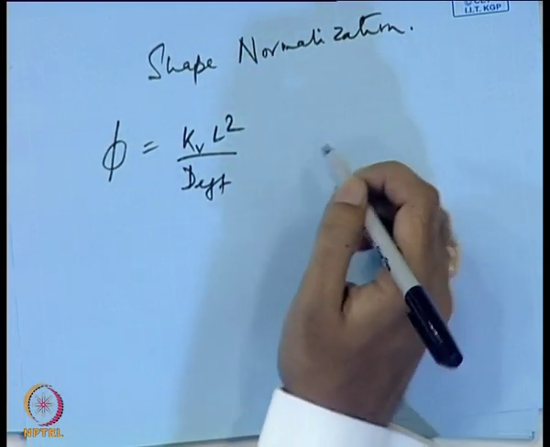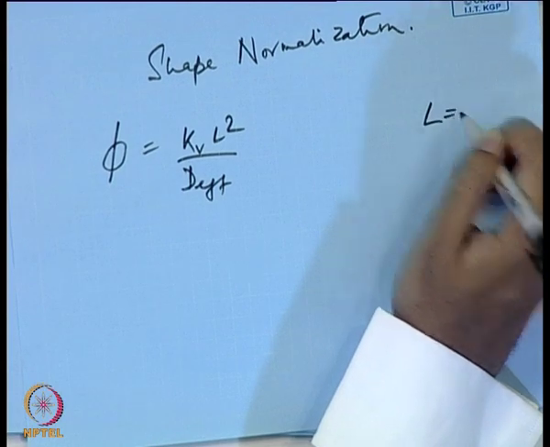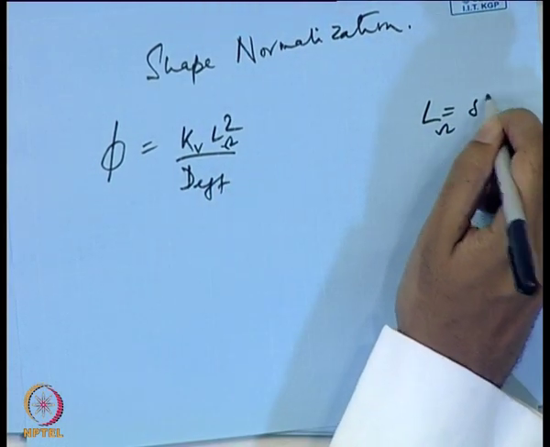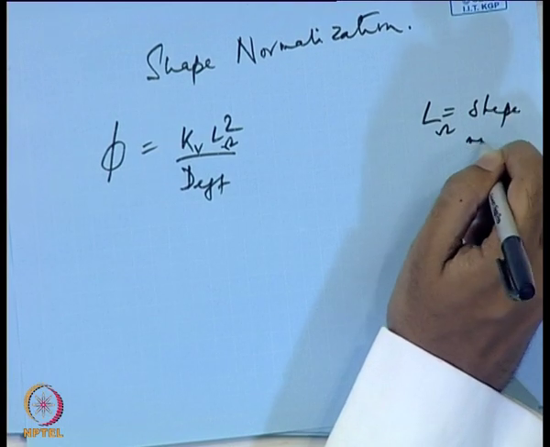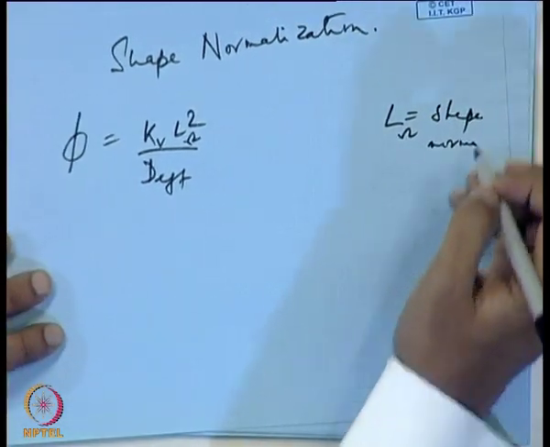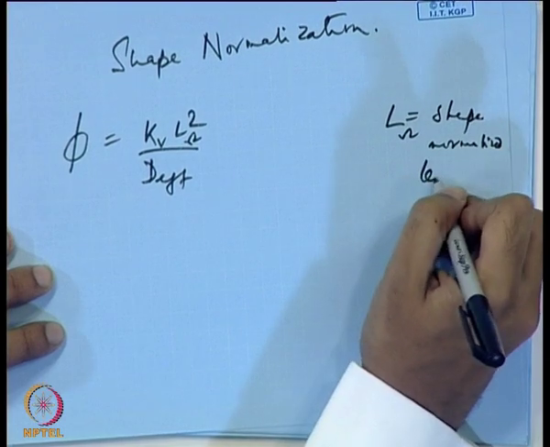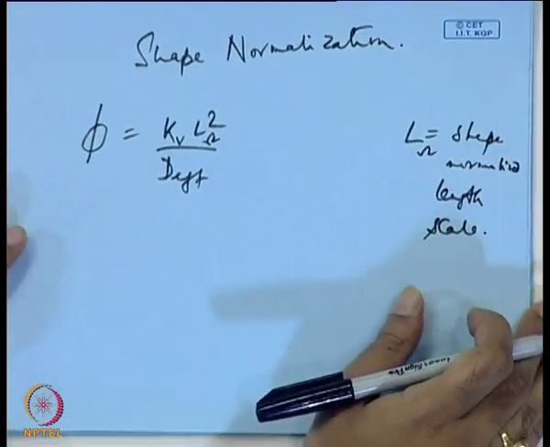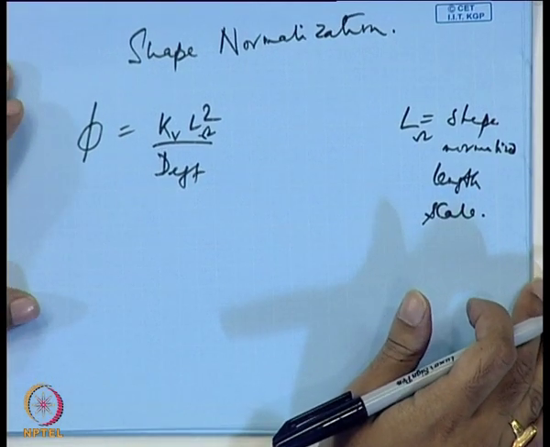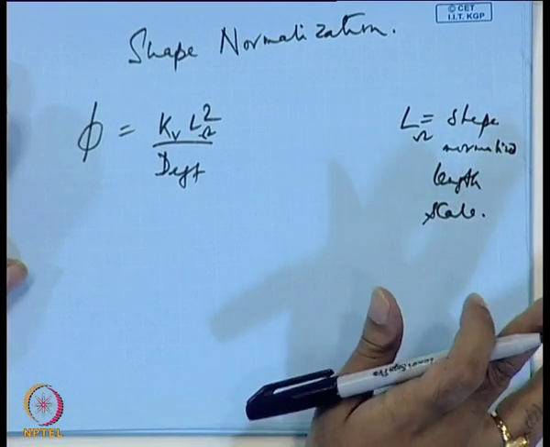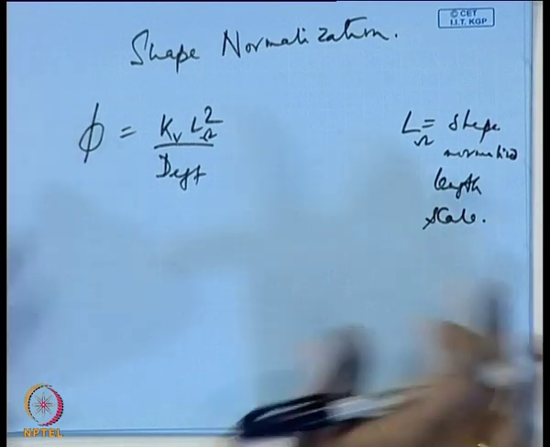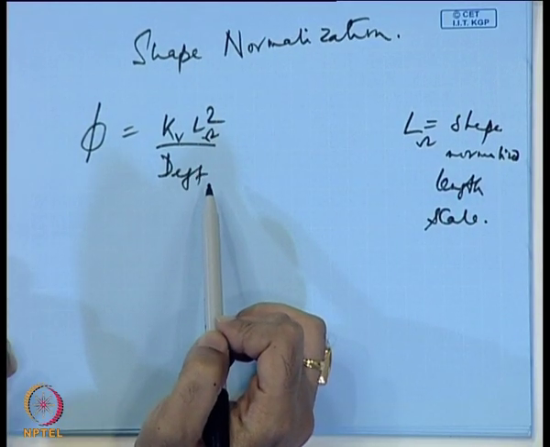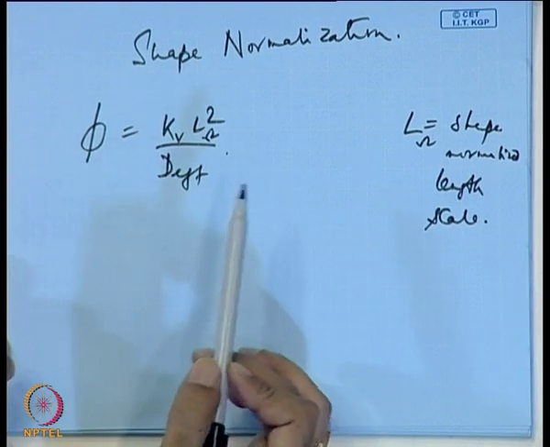Now, this L square over here is your shape normalized length scale, okay. You see what I am saying? So, in the definition of phi square, the L that you have, the length scale that you have, is now a shape normalized length scale.